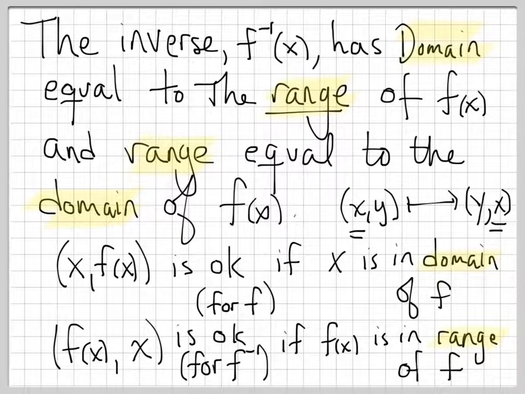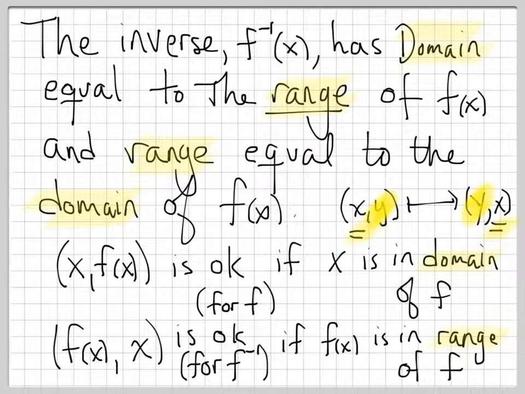So if we're talking about the domain of the inverse function, we're now talking about y, and that came from the previous range of f of x. And the range of the inverse function came from the domain of f of x. So you can see that range and domain switch. If you know the range of the function, you know the domain of the inverse function. If you know the domain of the function, you know the range of the inverse function.